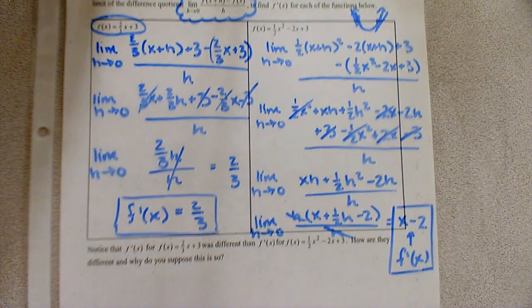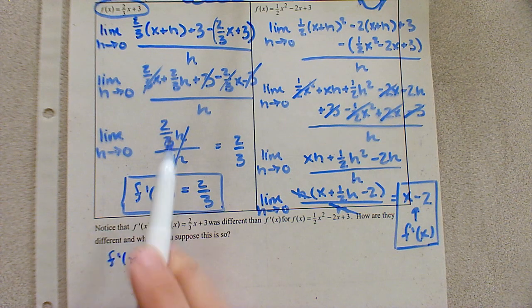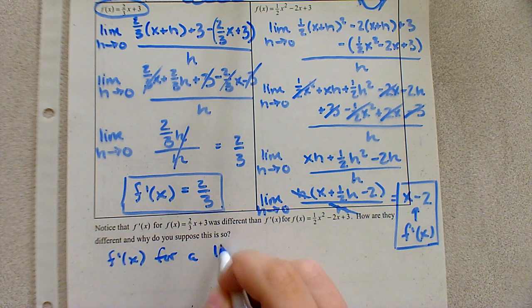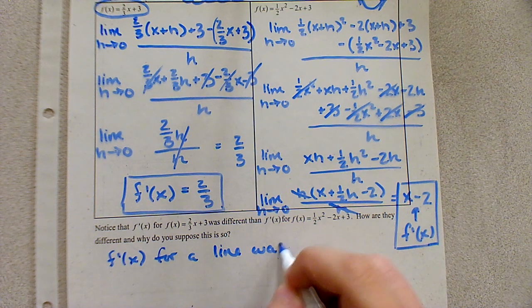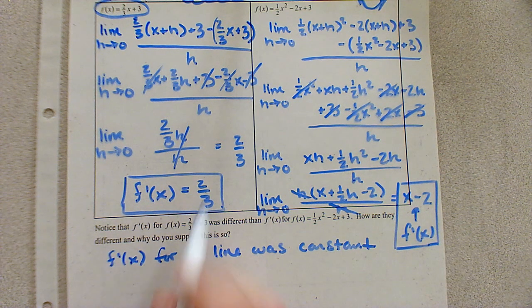So if we take a look at these results a little bit further, we might be able to find another interesting connection here between the derivative we produce and the original equation that we start with. So notice how the derivative for this linear function was constant. It was just the number 2/3.